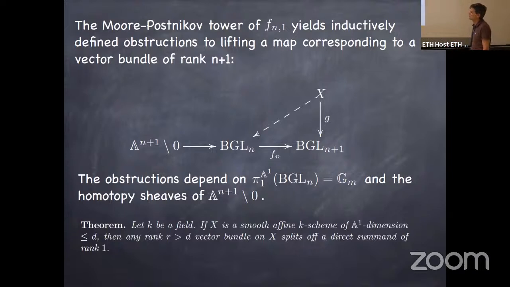So this is the third theorem, which says that if X is of A1 dimension D, then any rank R vector bundle, where R is strictly larger than D, has a direct summand, or free summand, of rank 1.